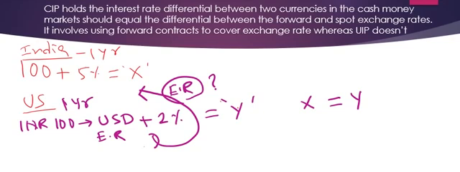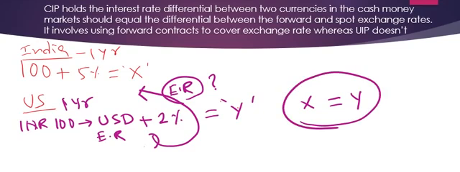So it involves using a forward contract to limit exposure to exchange rate risk. So covered interest rate parity says both X and Y should be equal.